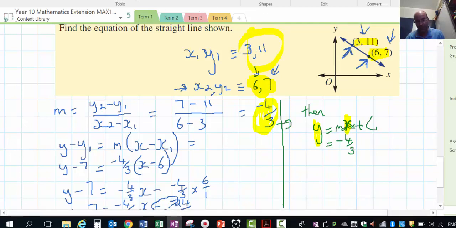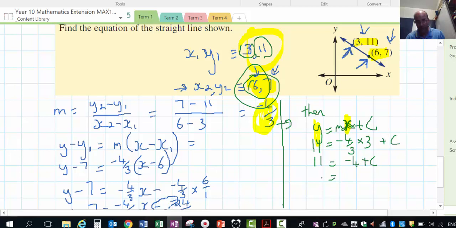It's all that matters. So for the x, I'm going to use this x. You can use either of them. Instead of x, I'm putting in 3, and then for the y, I put in the y value. Again, you could have used this point instead. So we've got 11 equals negative 4/3 times 3 plus c. Negative 4/3 times 3 is negative 4 plus c, and we've got 11 on the left.